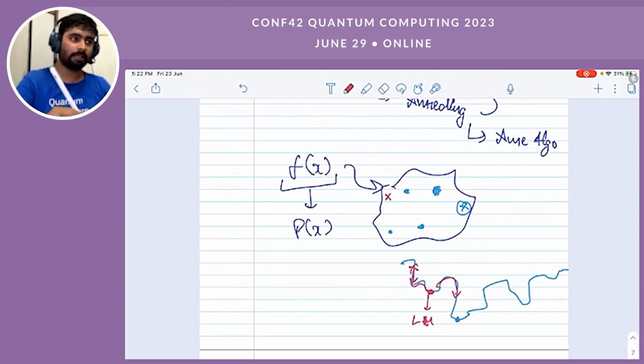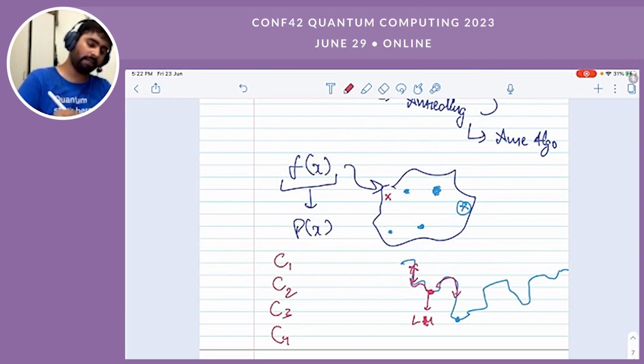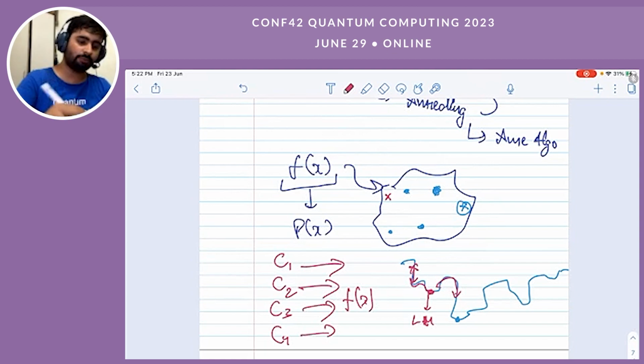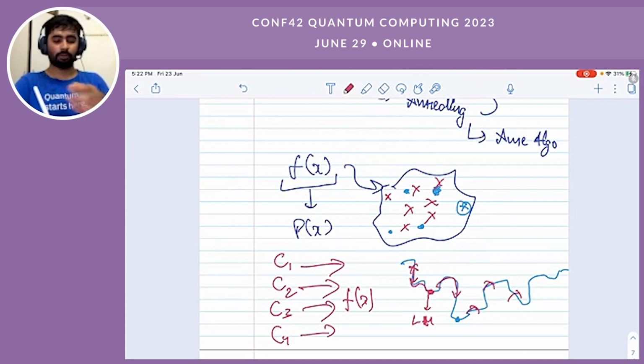How a genetic algorithm, or any evolutionary algorithm in general, works is that they prepare candidates C1, C2, C3, C4, and they test every candidate on this function f(x), right? These candidates would basically mean some random points on the landscape. They depend on the theory that out of all these candidates, one would perform the best.